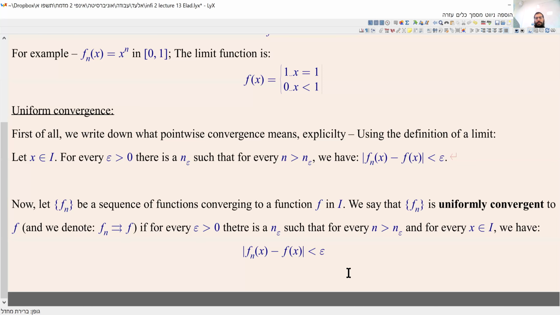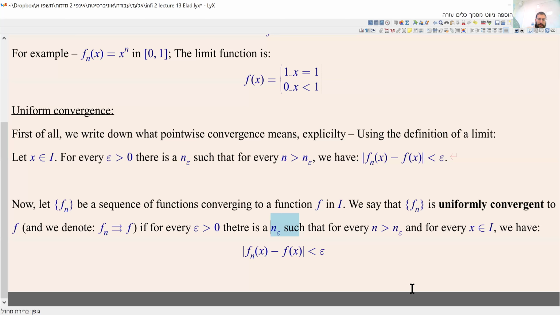Here, in the uniform convergence, we need this n epsilon to work for every x. I mean, this index in the sequence should work for every x in the segment uniformly. This is why we call it uniform convergence.